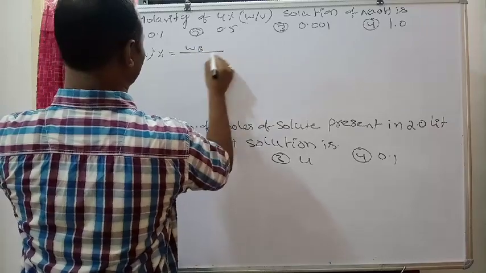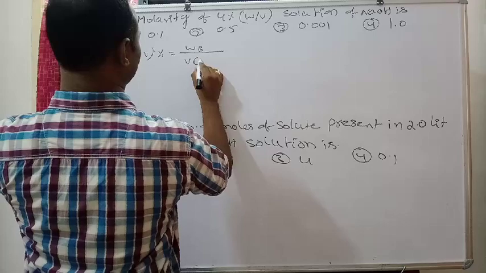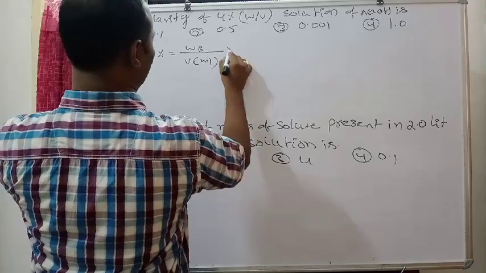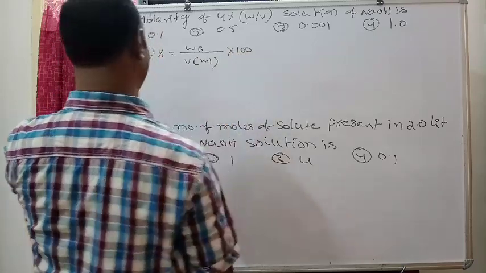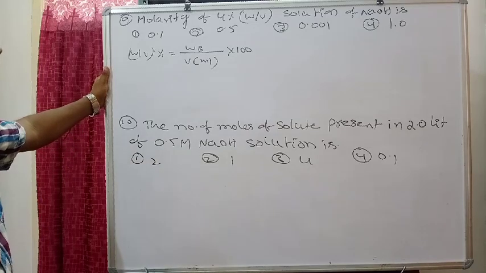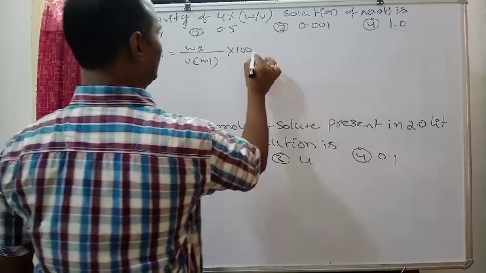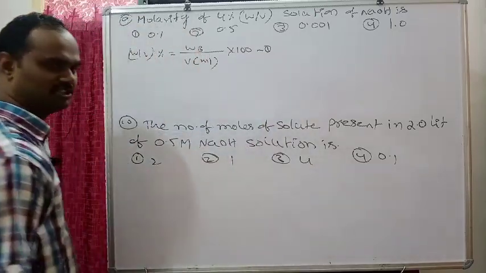Mass of solute by volume of solution in milliliter into 100. Number of grams of solute present in 100 ml of solution is known as mass by volume percentage. Mass of solute by volume of solution into 100. This we consider as equation 1.